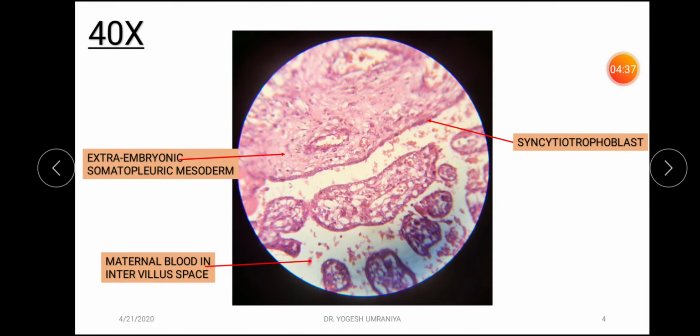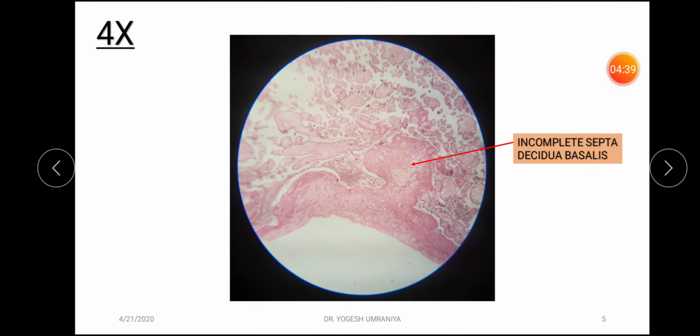Next one, this is the image of the decidua basalis. This much portion is the decidua basalis. Before you go for the explanation, you must clear your concept regarding the decidua basalis, parietalis, as well as capsularis, that is the embryological concept.